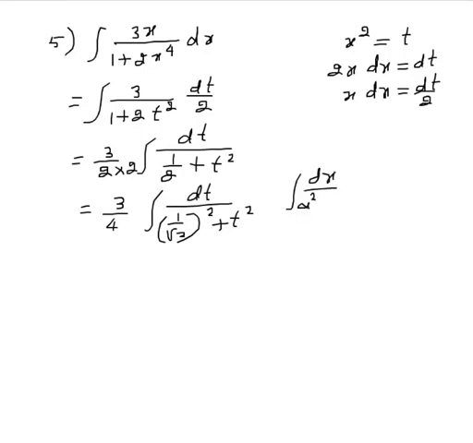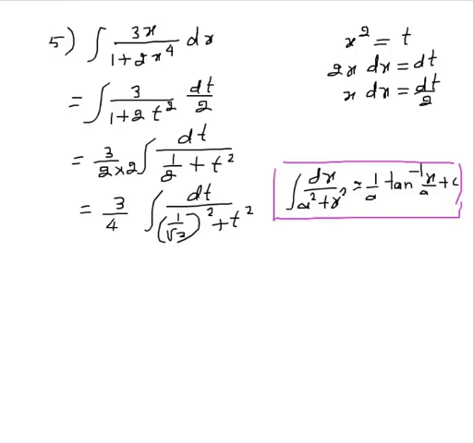We have to apply the integral dx by a square plus x square formula, which is 1 by a tan inverse of x by a. 3 by 4, a here is 1 by root 2.